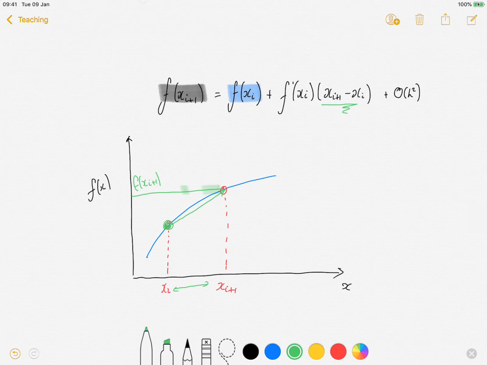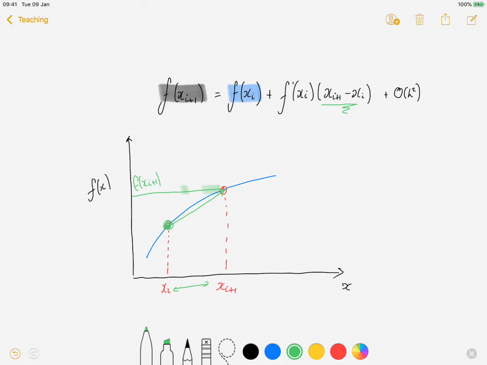Now, as an engineer, you are the one who is going to have to decide how accurate you want your solution to be. So how do you quantify how accurate you want your solution to be? Well, you can base this on the remainder function.